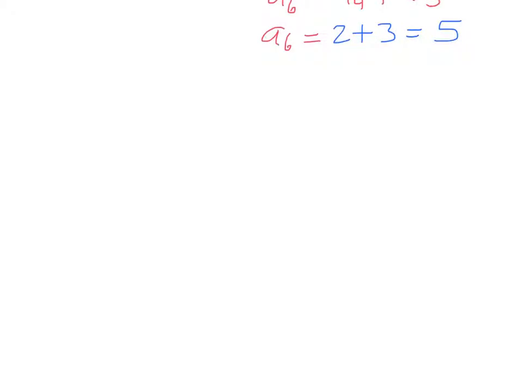So as an example of a recursive rule, let's say we were given a sub 1, meaning the first term in the sequence, is -5. And the rule says a sub n is equal to a sub n minus 1 minus 8.